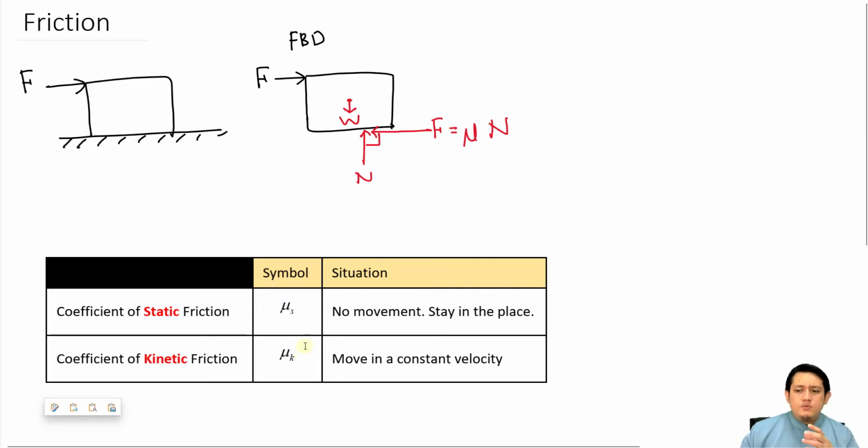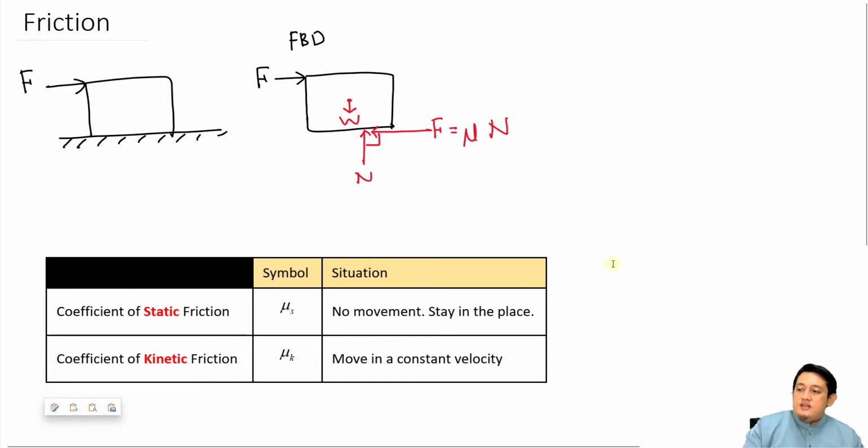So what is the difference between this one and this one? Which one to use? When the object has no movement, meaning it stays in its place, we use mu S. When the object is moving at a constant velocity, that is when we use mu K. Usually the question will provide you with the values of mu S and mu K, so you need to choose which one to use.